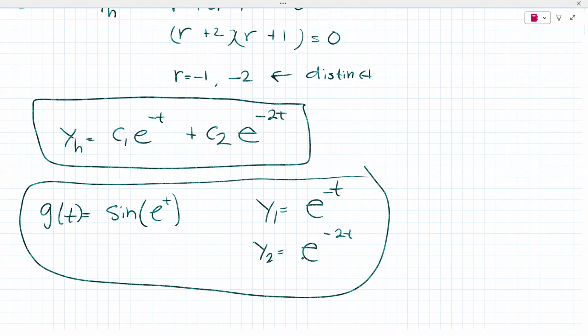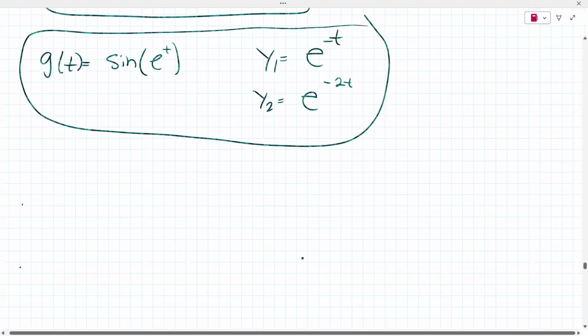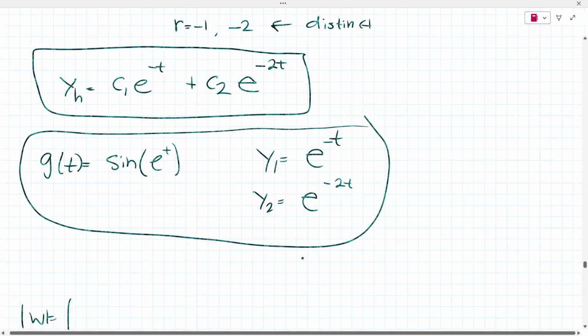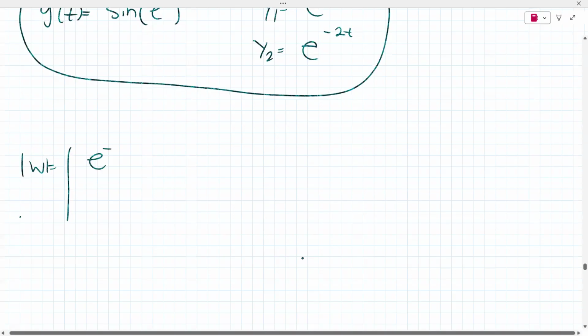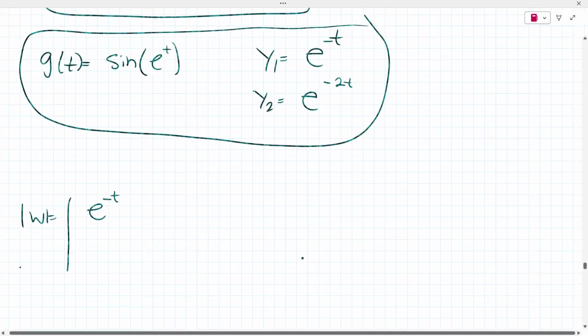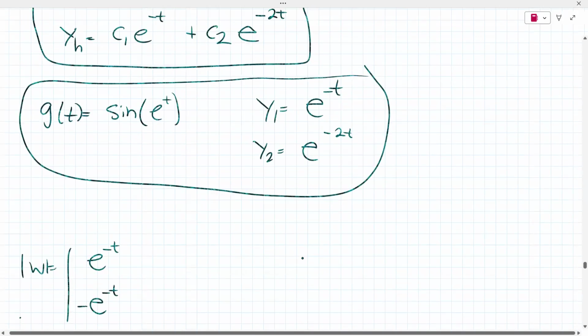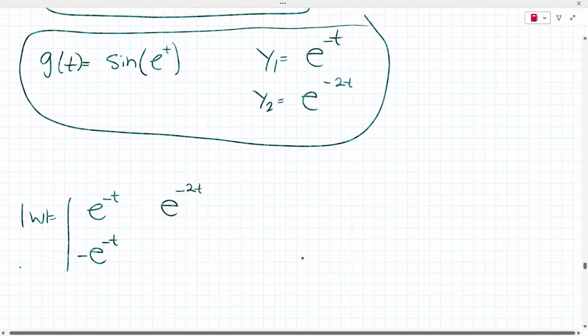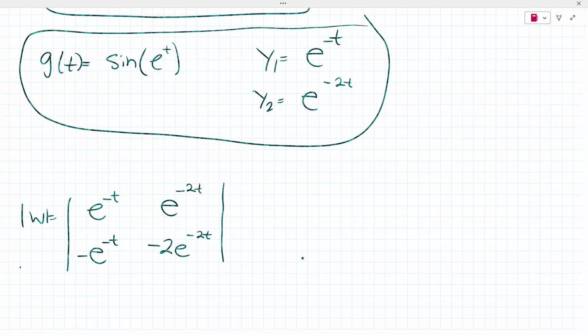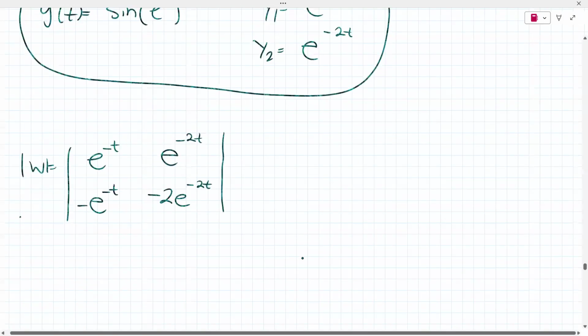Okay, step 3, find the Wronskian determinant. So it's y1, which is e^(-t), and then my y1 prime, which is negative e^(-t). My y2 is e^(-2t), and my y2 prime is negative 2e^(-2t). Okay, go ahead and cross multiply.